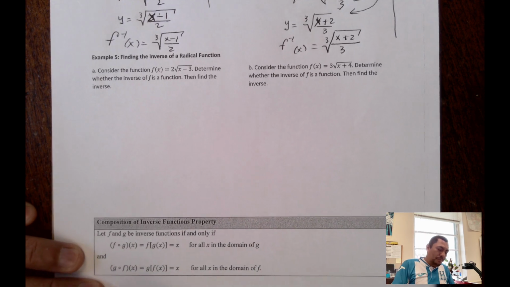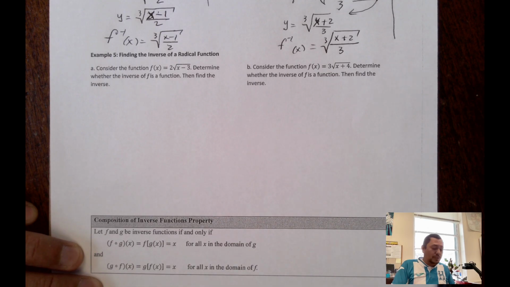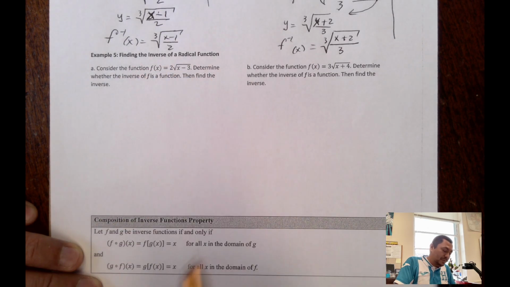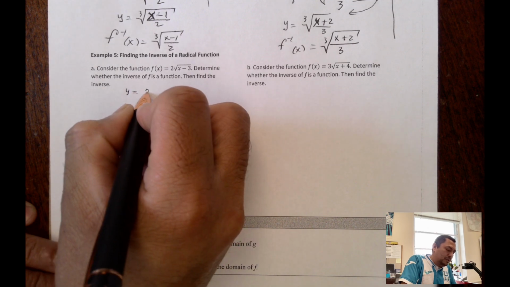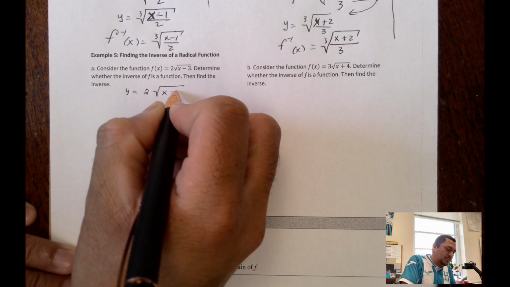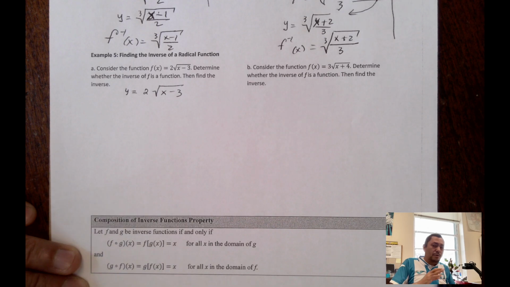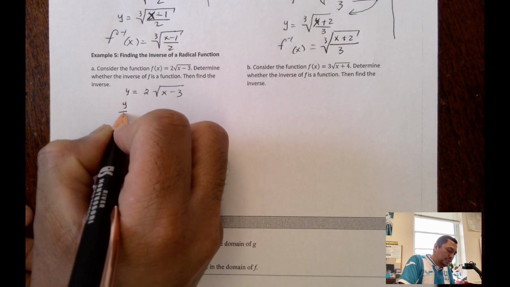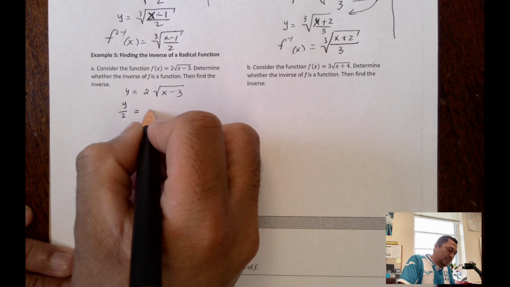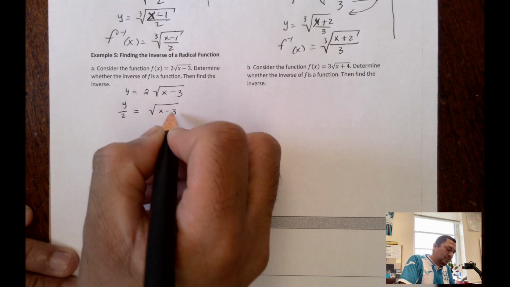For this example, we're going to be careful with the first one because it's a square root, right? So I'm going to write y equals 2 square root of x minus 3. Now we're going to proceed to solve for x. So I have y over 2 is equal to the square root of x minus 3.